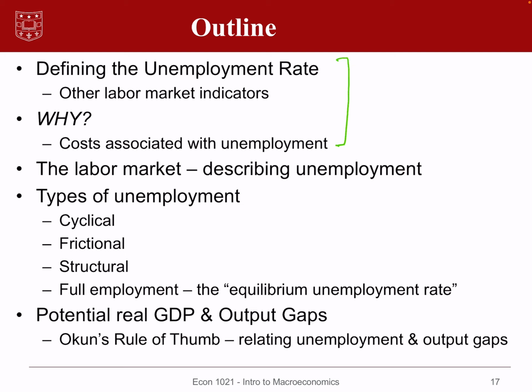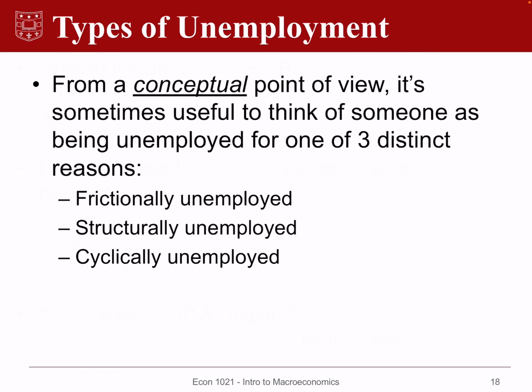And what we're going to be doing today is describing different types of unemployment, or reasons why somebody might be unemployed, and then thinking about what the implications are for how we define the unemployment rate. And then in the final set of notes, we'll link this to a concept that's known as output gaps.